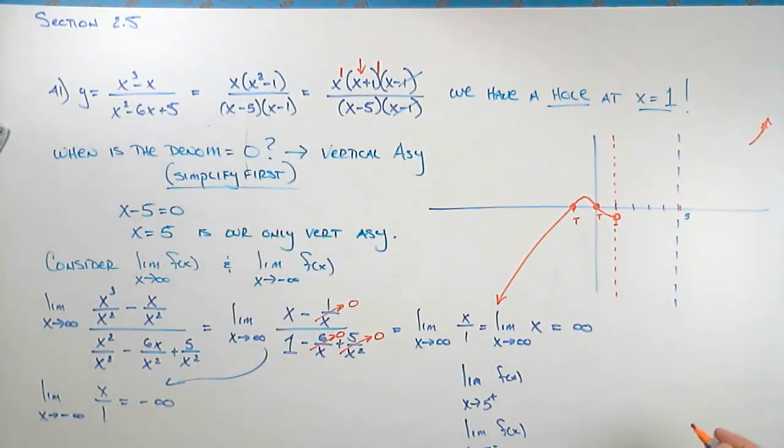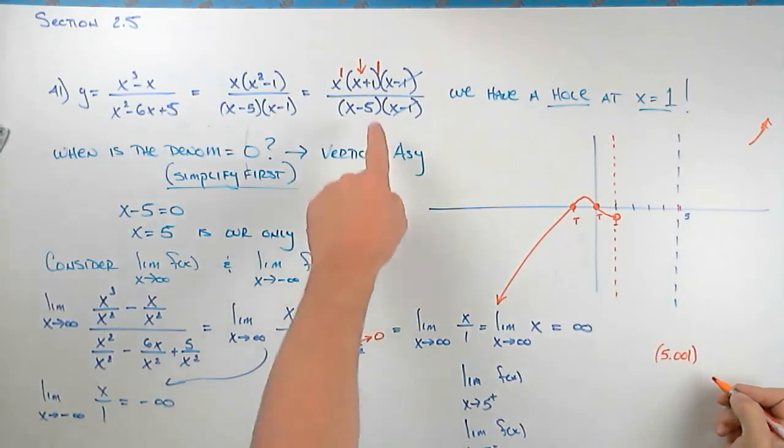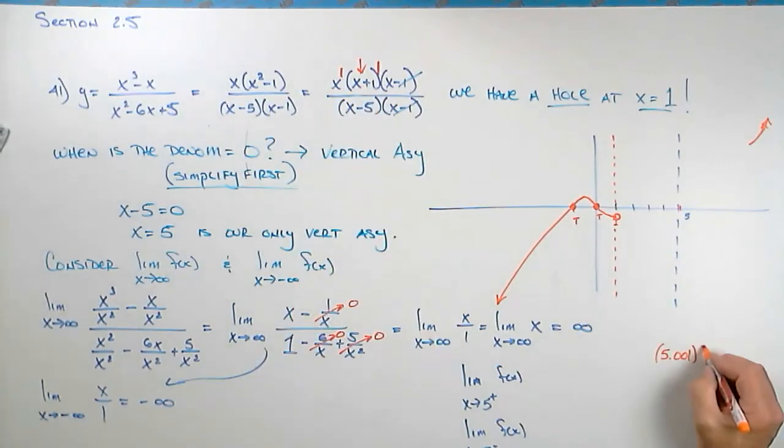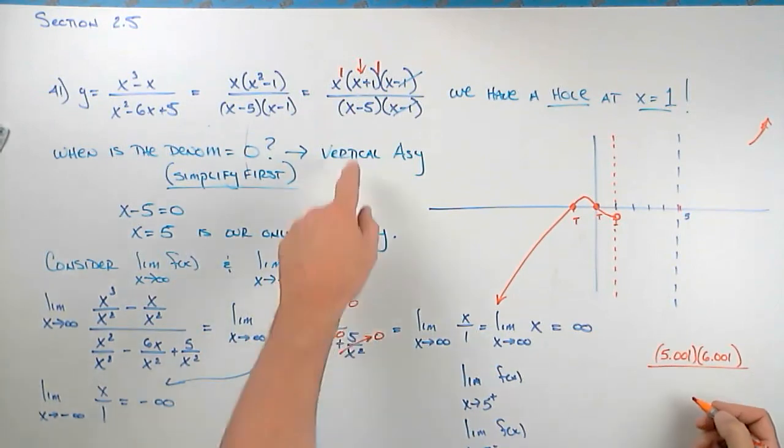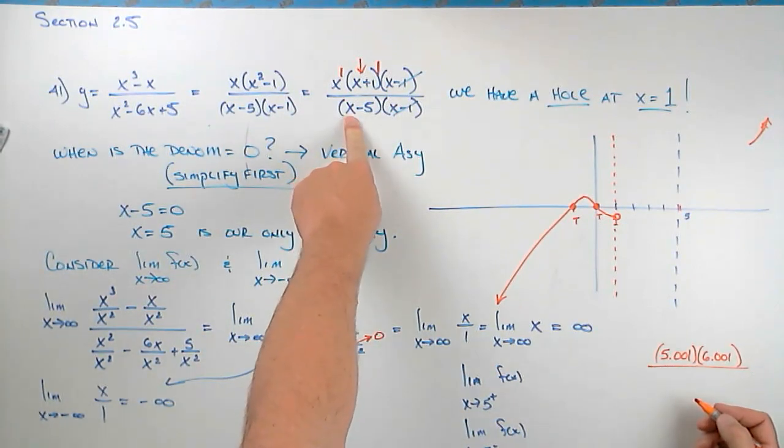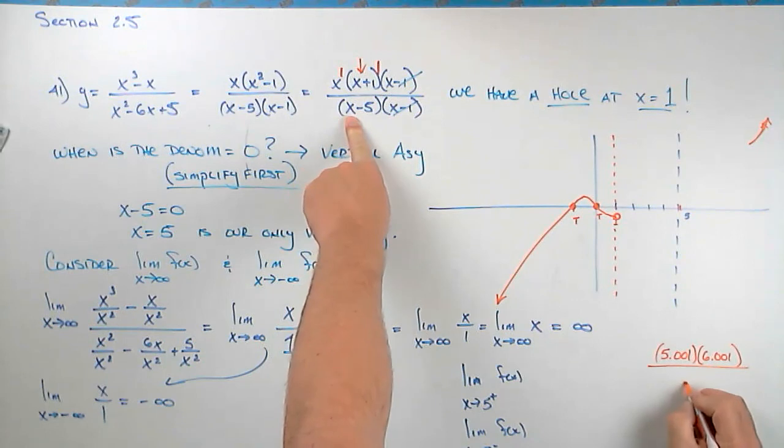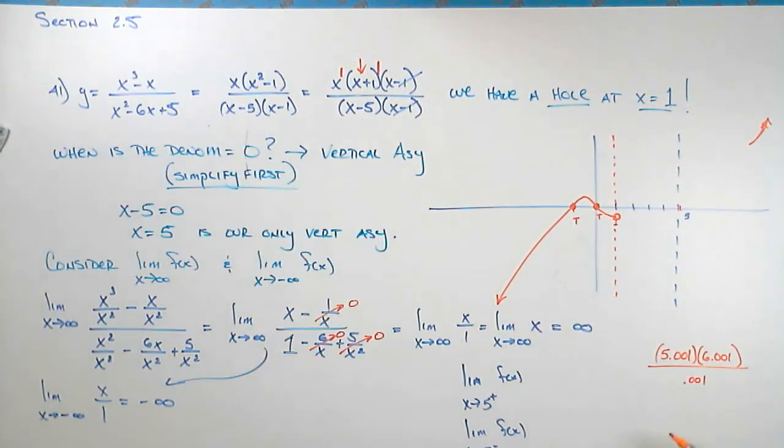So we plug that in. How do we plug that in? That would be 5.001 times 6.001, because we add 1. Down here we have 5.001 minus 5. So what do we get? It's positive. Positive, positive, positive. The denominator is tiny, numerator is huge.